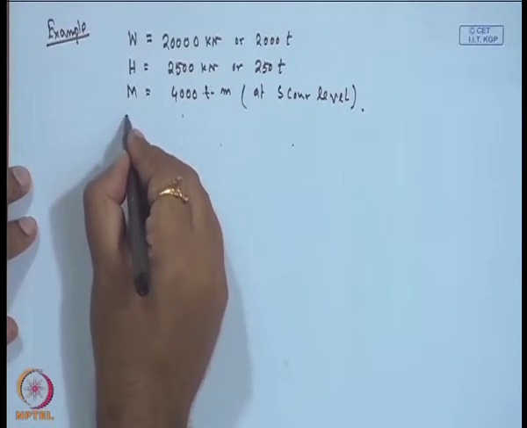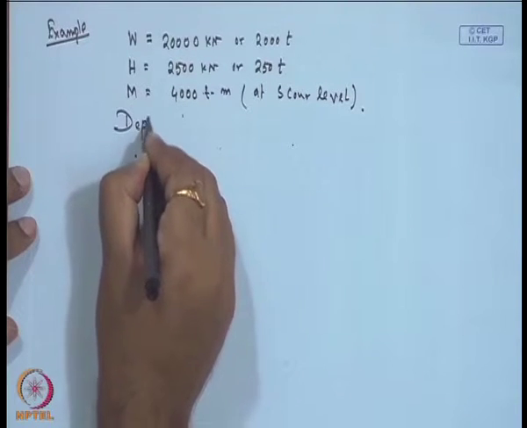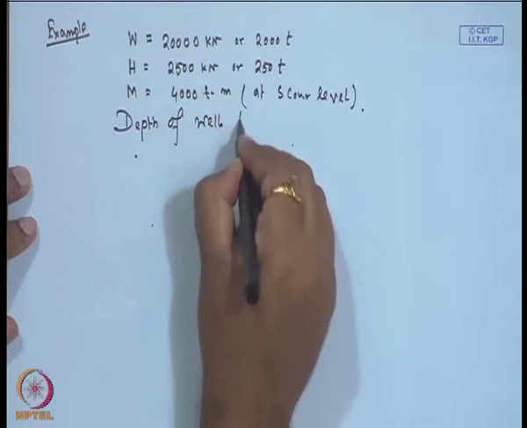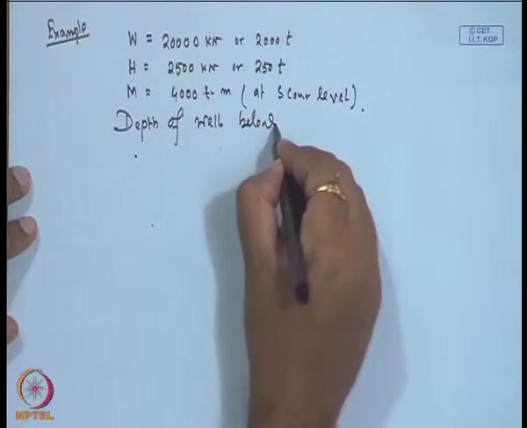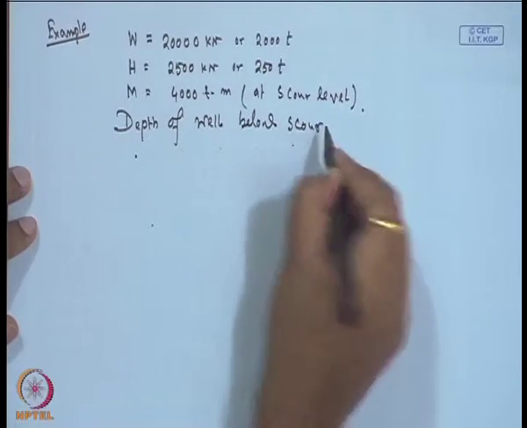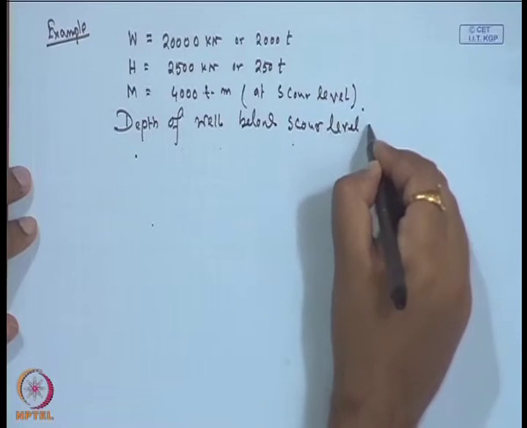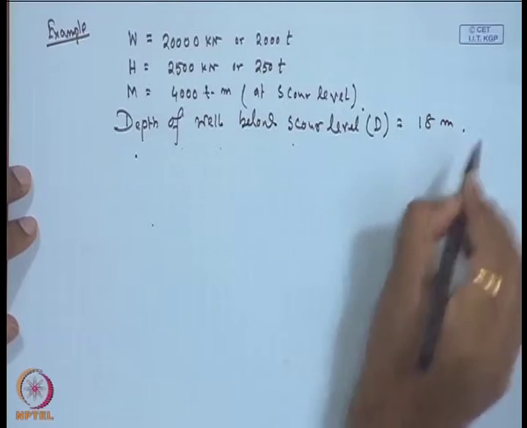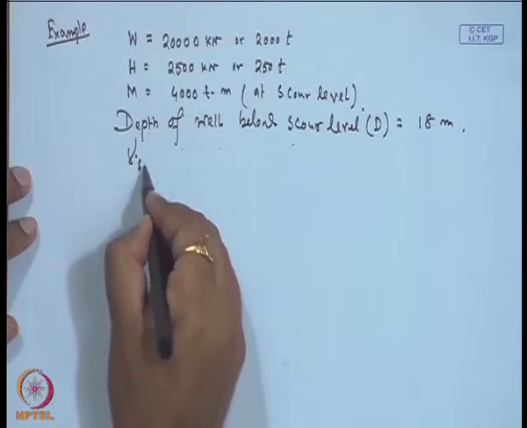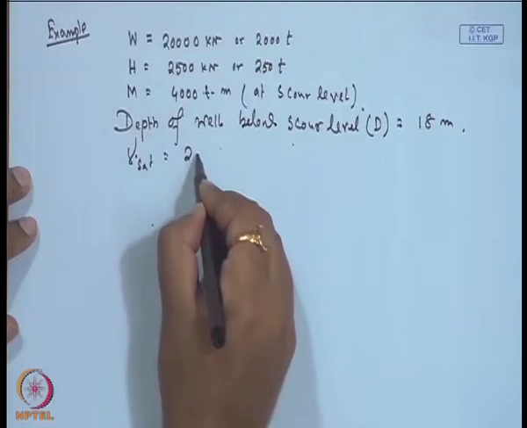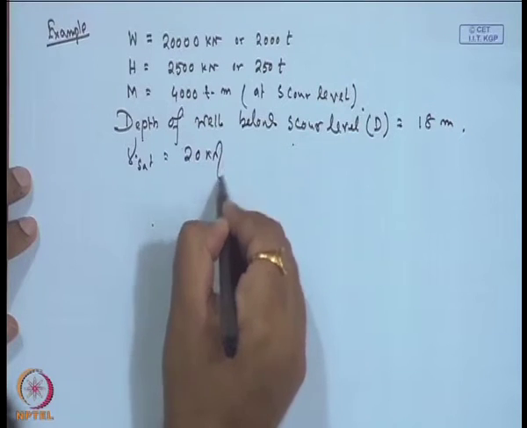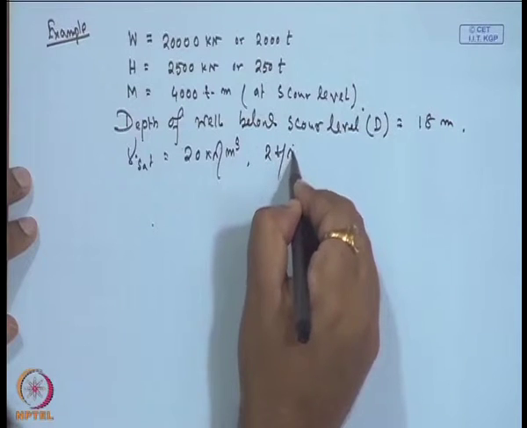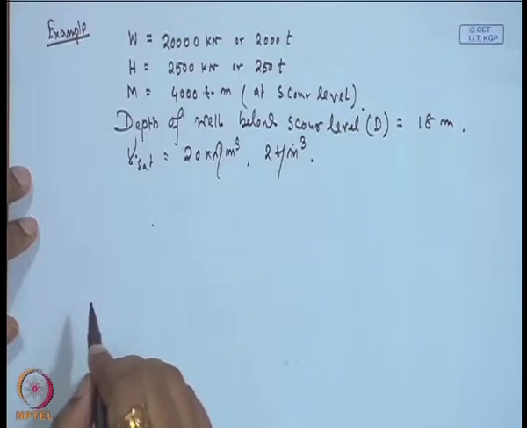Now, the depth of the well below scour level, that is D, is taken as 18 meter. Now, gamma sat is taken as 20 kilonewton per meter cube or 2 ton per meter cube.